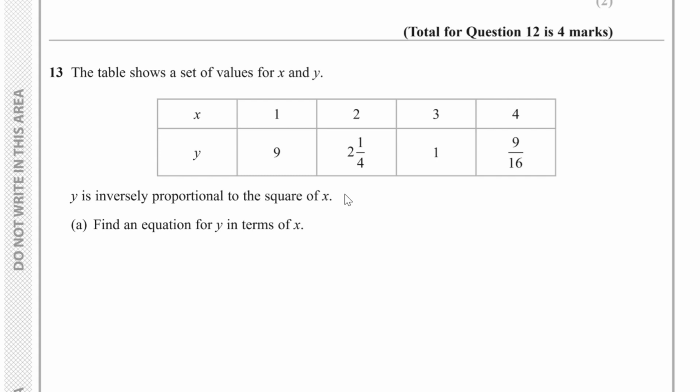Question 13. The table shows a set of values for x and y, and y is inversely proportional to the square of x, and we have to find an equation for y in terms of x for part A. Well, if y is inversely proportional to the square of x, we have y, inverse proportional sign, and then here we've got 1 over x squared.